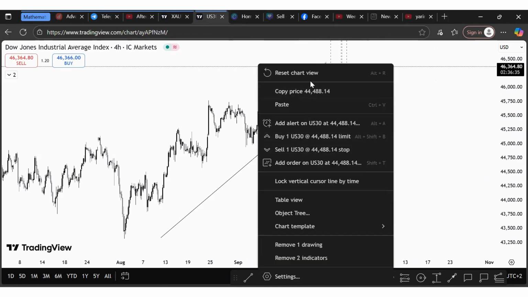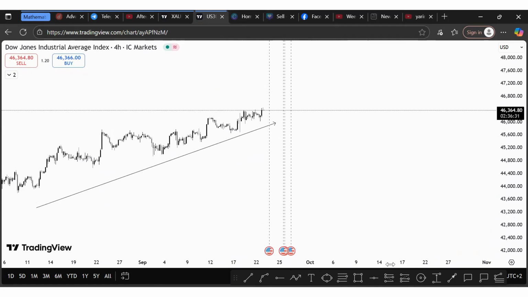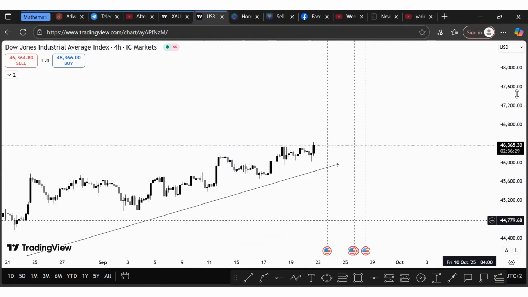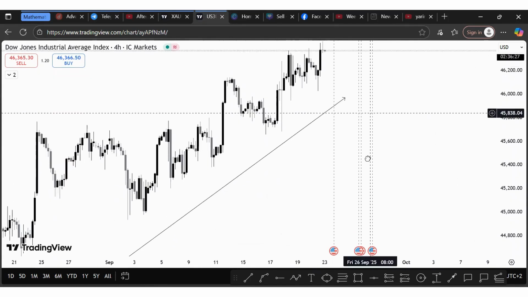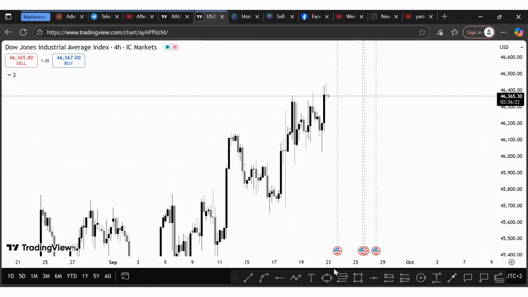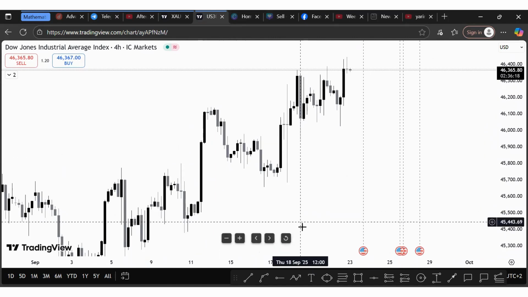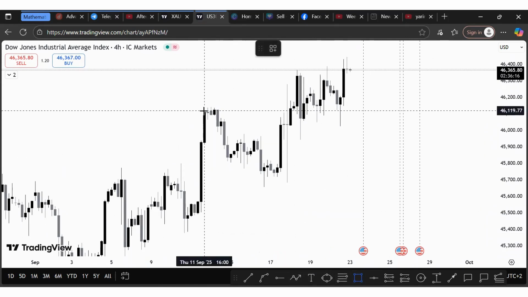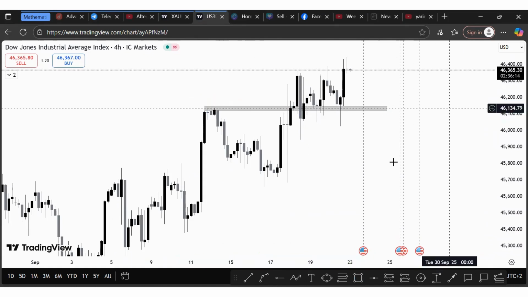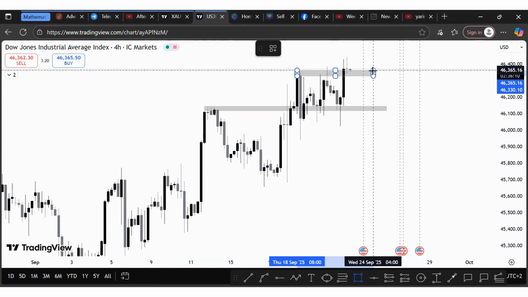What you want to do is scale down so you can see the charts more clearly. Zoom in and understand when was the last higher high and when was the higher low, because if you're bullish, you expect to see those levels of higher highs and higher lows.